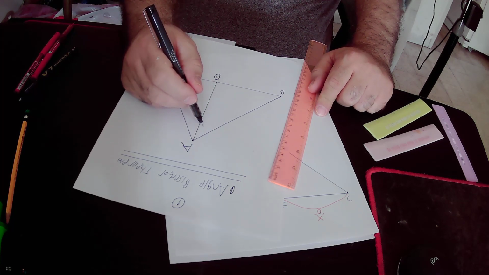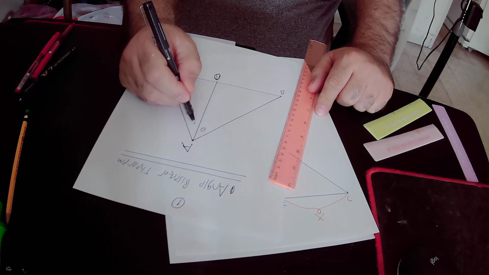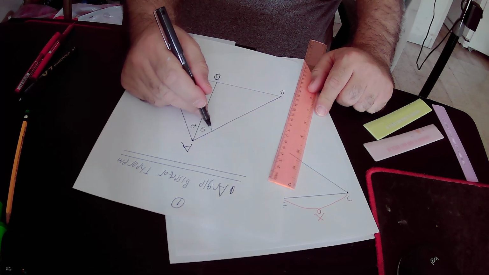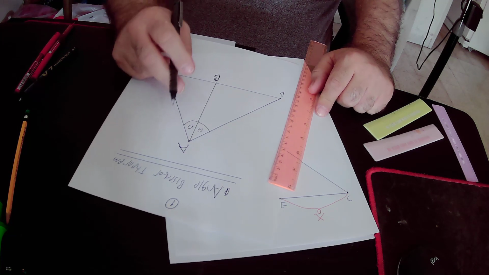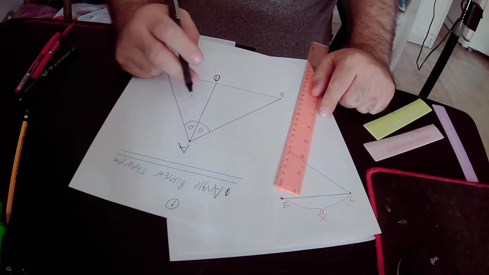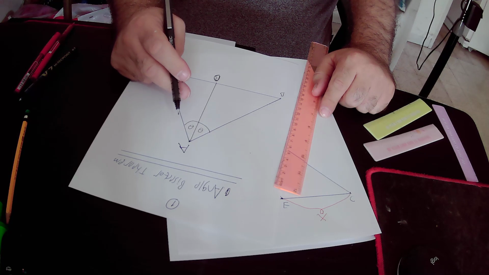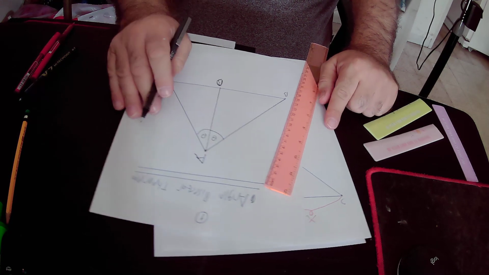If this angle is theta, then this angle will also be theta. So the angle bisector AD divides angle BAC into two equal parts, theta and theta.